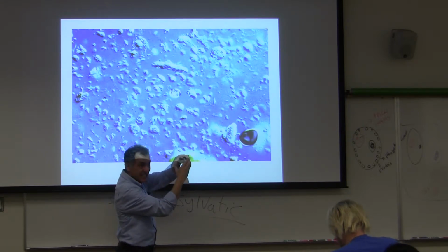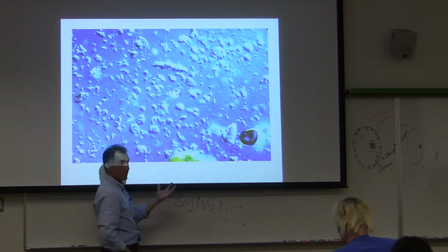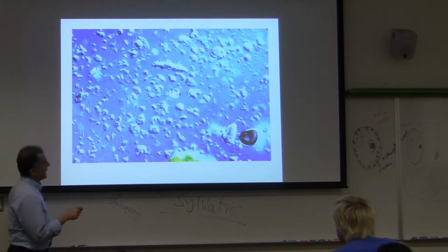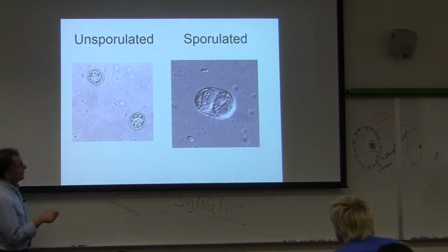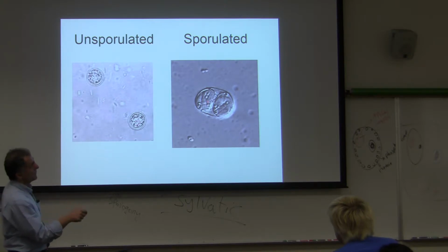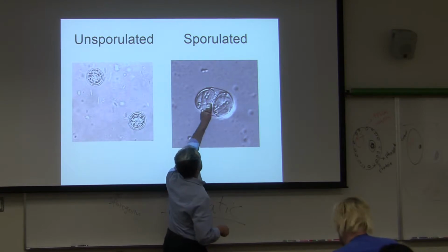Now that 8 stays in the environment until somebody else or another animal ingests it. So when that animal or somebody ingests the sporulated oocyst, here they are, the unsporulated oocyst, and this is the sporulated oocyst. We have 8 of them. 1, 2, 3, 4, 5, 6, 7.